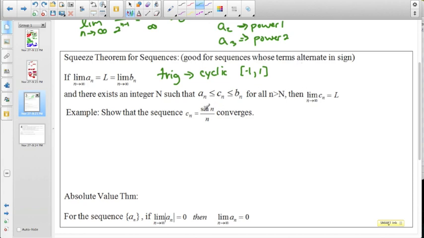This also has that cyclic behavior. And so it bounces back and forth.